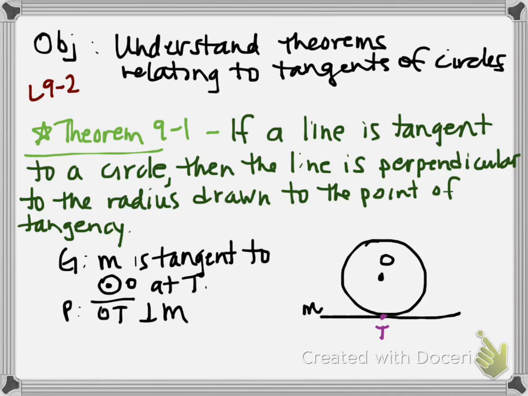There's your point T. If I drop a radius from the center to the point of tangency, according to this theorem, it's now perpendicular. Those two would be perpendicular. So the radius is perpendicular to the line M. So OT is the radius, is perpendicular to the line M.